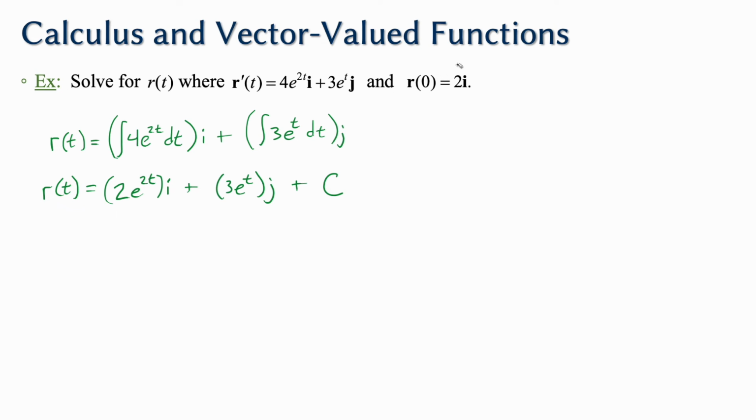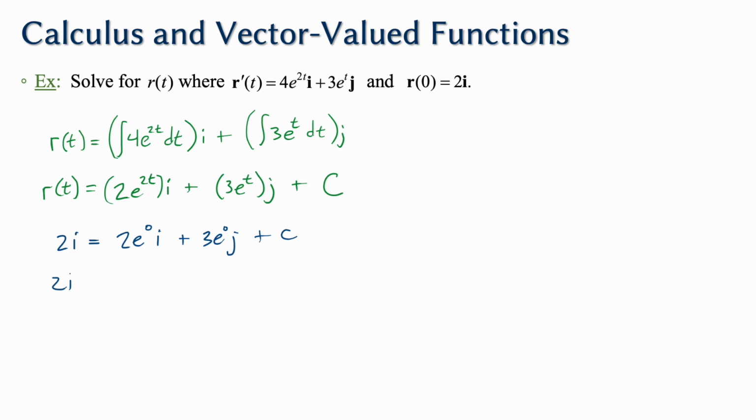To find our particular solution, we're going to solve this whole thing, plugging in 0 for t and letting it equal 2i. So that means when we do this, we're going to have 2i equals, and now if we plug this stuff in, we're going to get 2e raised to the 0 i plus 3e raised to the 0 j plus c.